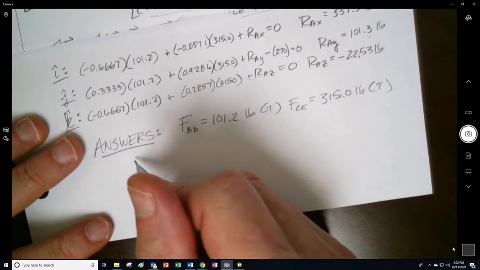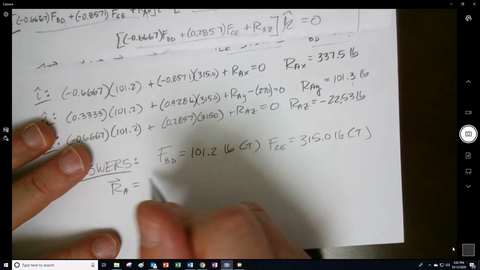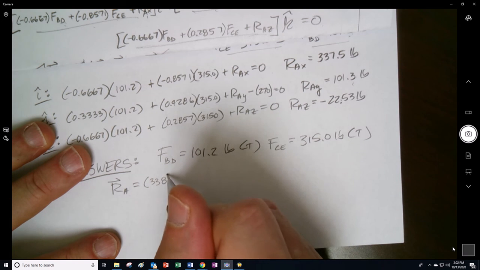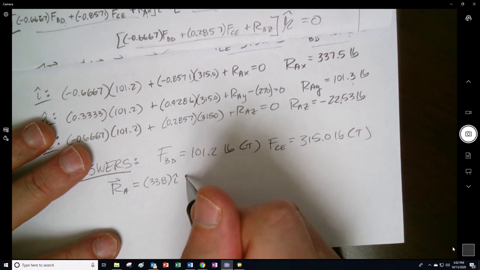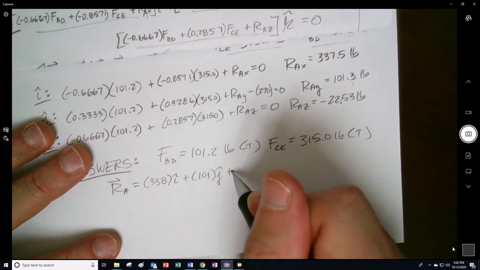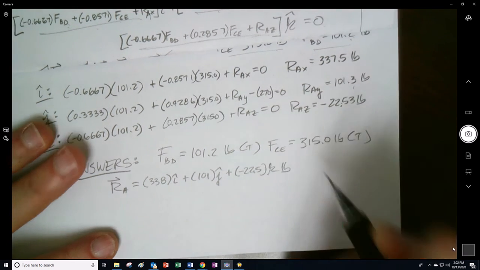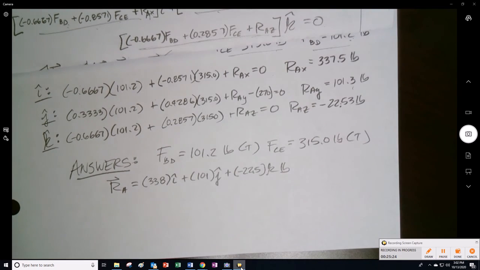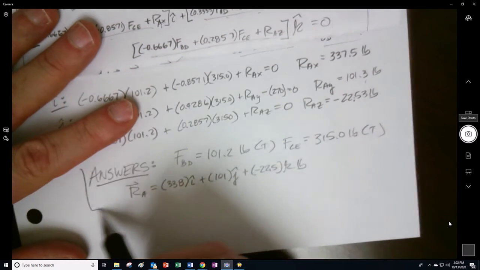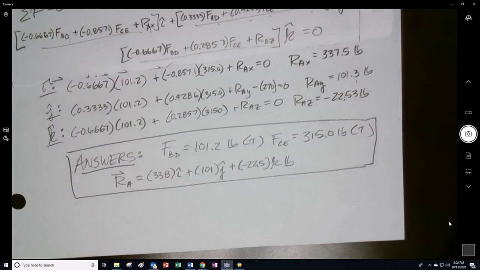And then the reaction of RA is therefore going to be, let's just round down to 3 sig figs, 338 I plus 101 J plus negative 22.5 K pounds. How are we doing on time? 25 minutes. That's a long problem, but let's go ahead and box this thing out.